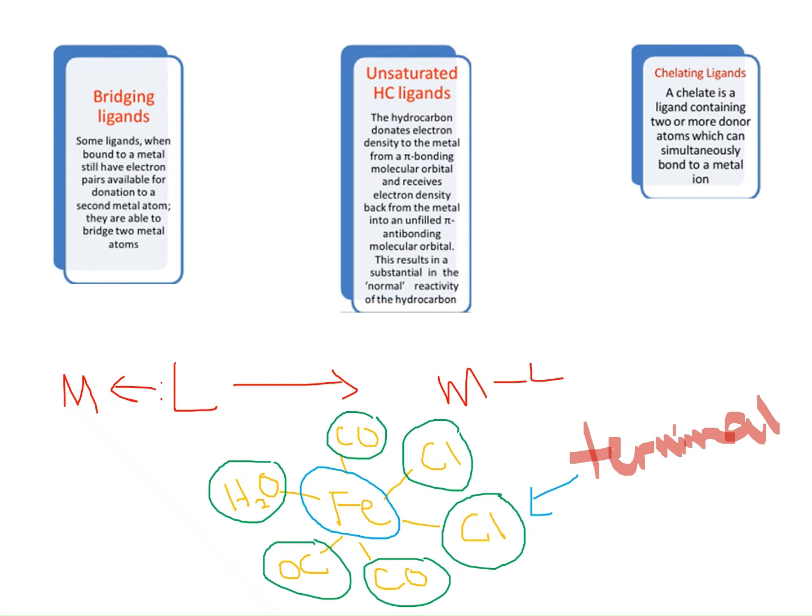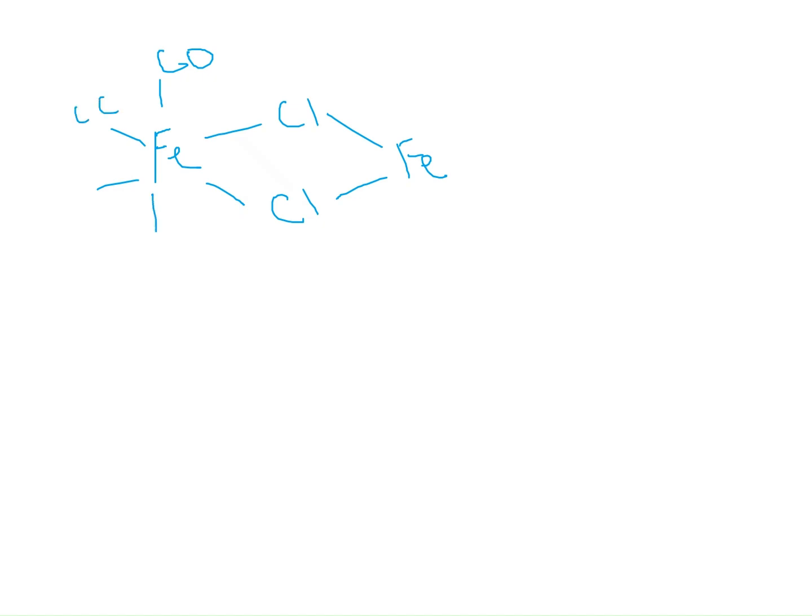All right, so let's look at some examples. We have iron, CO, then we have L, iron, L, so we have another CO, and the same thing here, right?